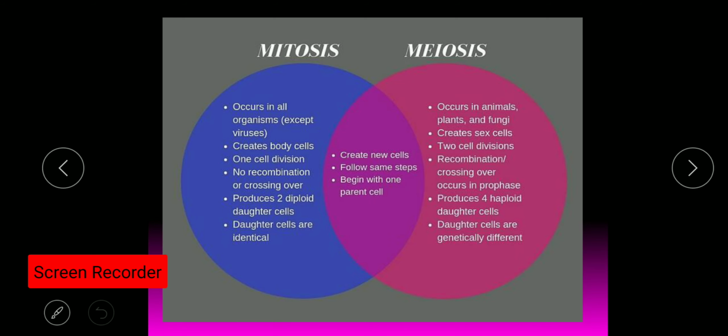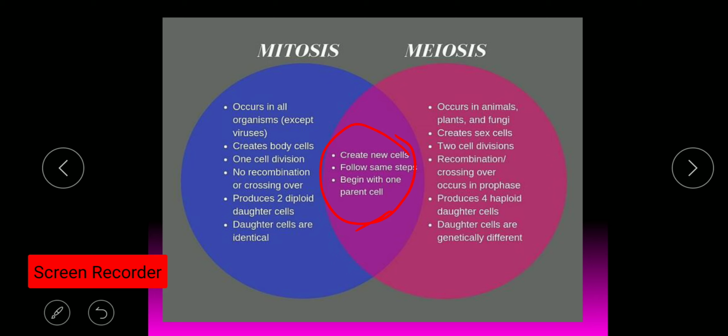Now we are coming to the last part of the topic, the comparison between mitosis and meiosis. What is common? Both mitosis and meiosis create new cells and follow the same steps, karyokinesis and then cytokinesis, and both start with one parent cell.